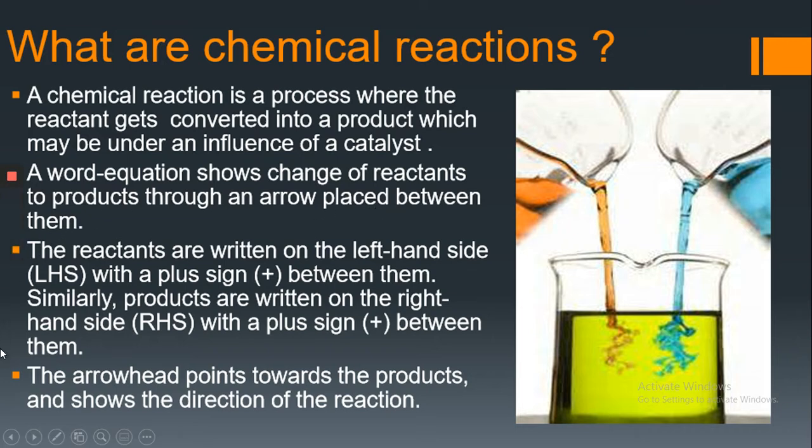The reactants are written on the left hand side, that is LHS, using a positive sign. Similarly, the products are written on the right hand side, that is RHS, using a positive sign. And the arrowhead pointing towards the products shows the direction of the reaction.